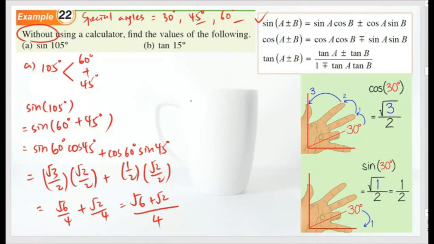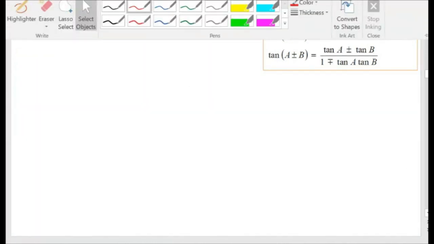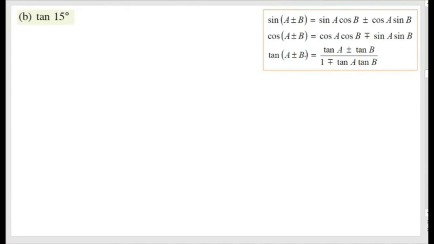Then we try B, tangent 15 degrees. What is the relation for tangent 15 degrees in between 30, 45, and 60? 15 degrees is what? This one uses minus, right? What minus what? What values can you use? 60 degrees minus 45 degrees, right? Or 45 minus 30, yeah, also can.